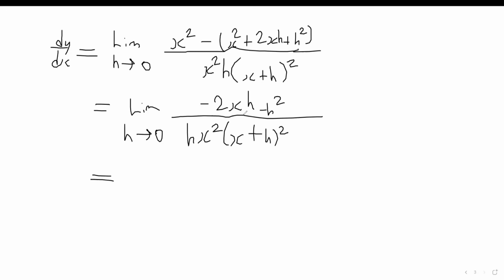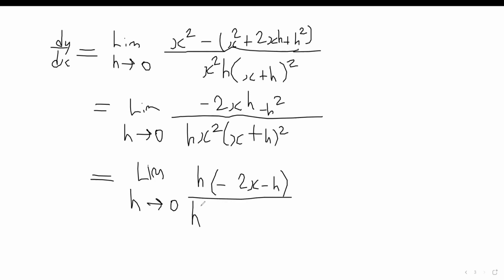What do we do? Factor out the h from the numerator. So we get the limit as h approaches 0 of, factor out the h, you're left with minus 2x minus h, over h times x squared times (x plus h) all squared.